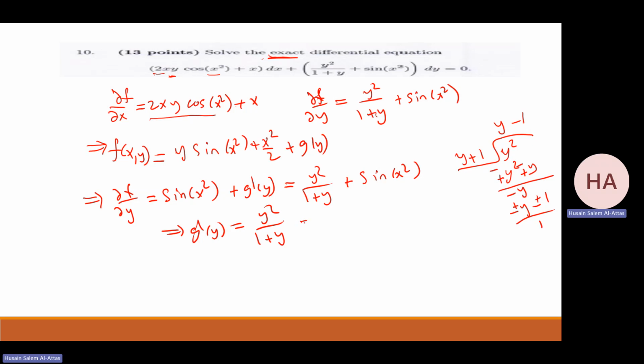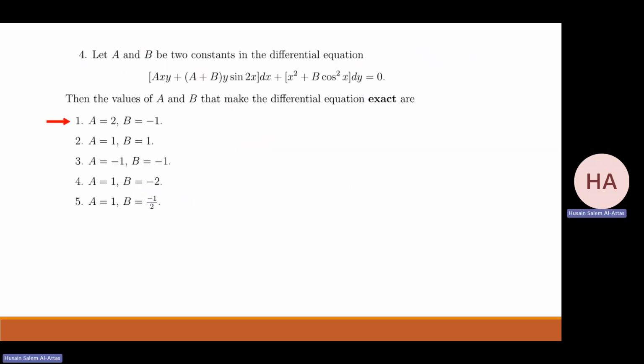So this one is y minus 1 plus 1 over 1 plus y. Okay, so integrate it. So g of y will be y squared over 2 minus y plus ln of 1 plus y.